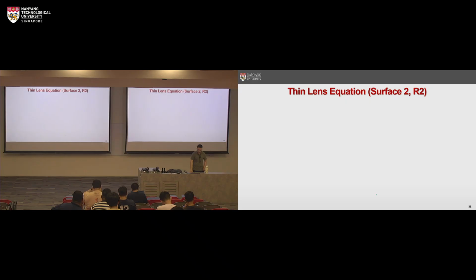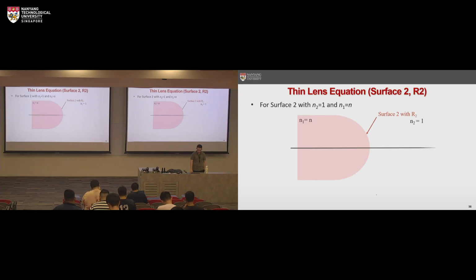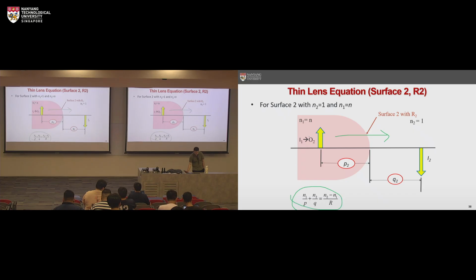Then, if you move on to the second interface, which is when your light tries to go out from the lens, okay, this is a lens, to air. Again, you apply the same equation, but now N1 is the refractive index of the lens, N2 is 1. Okay, so then this is the general equation again.